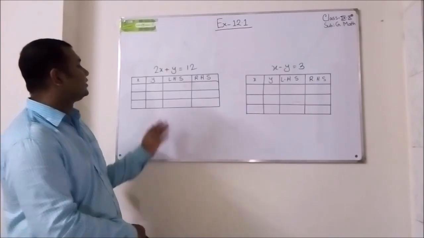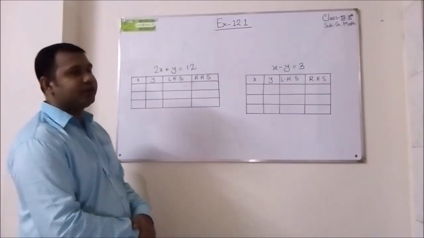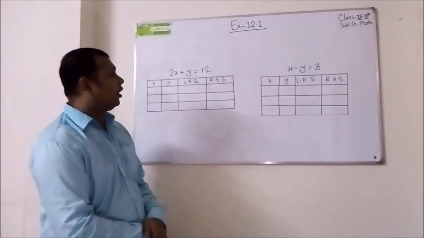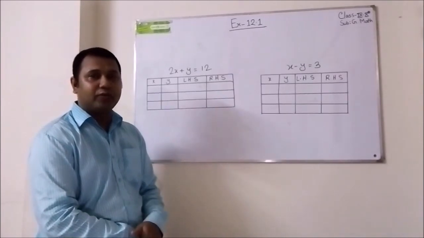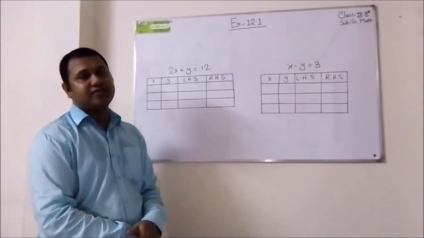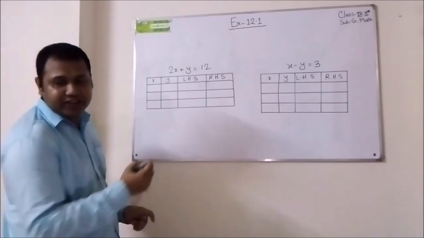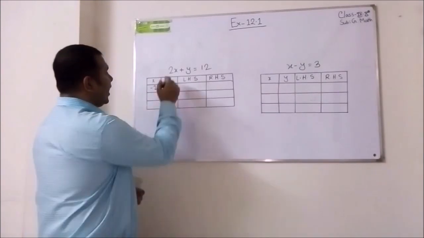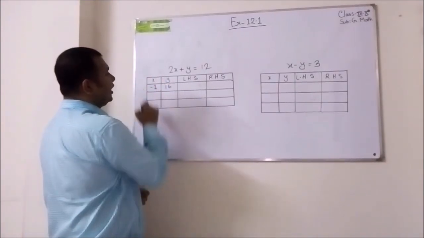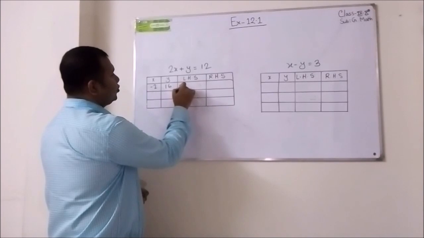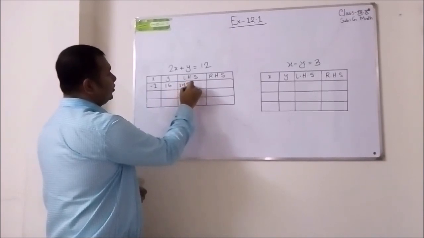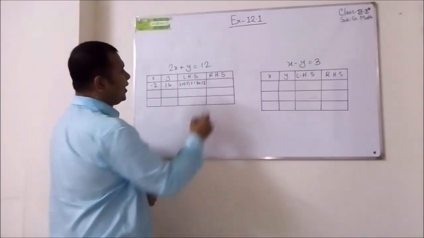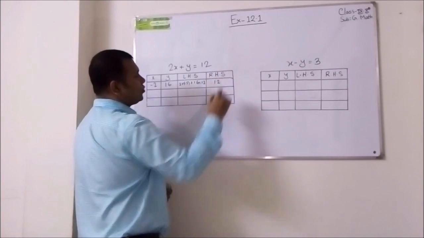In the first one you can see 2x plus y equal to 12. For different values of x and y, the left hand side and right hand side will be equal. At first, if we take minus 2 in the place of x and 16 for y, then 2 into minus 2 plus 16 you will get 12, and the right hand side is also 12.